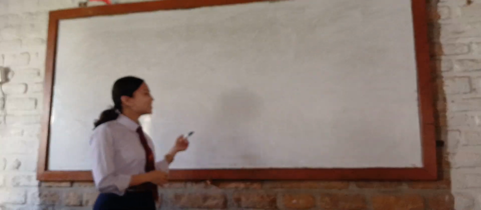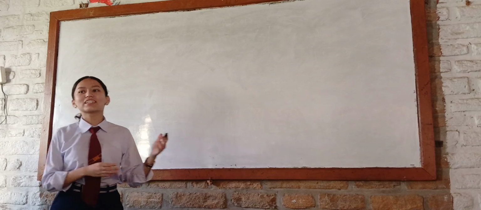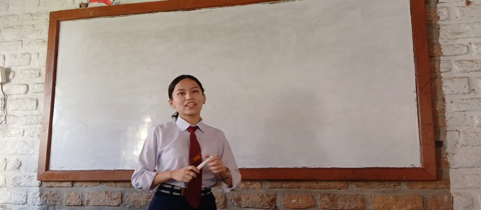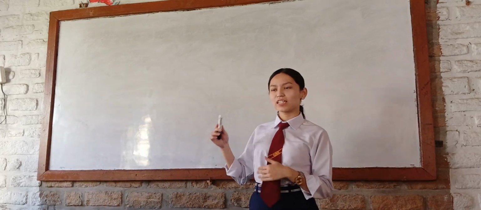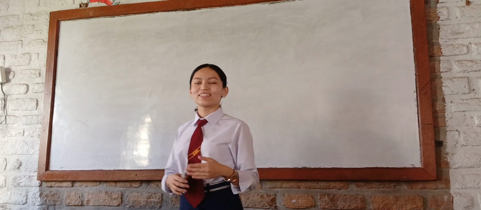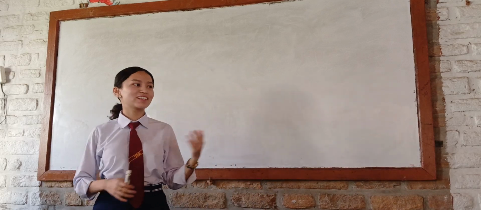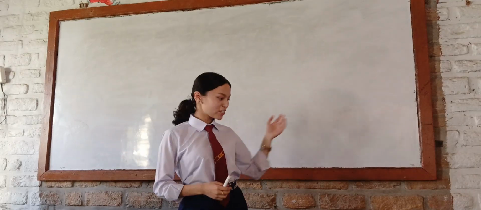If the error keeps on decreasing in each step, then it is said to be numerically stable, and if the error keeps on increasing in each step, then it is said to be numerically unstable.